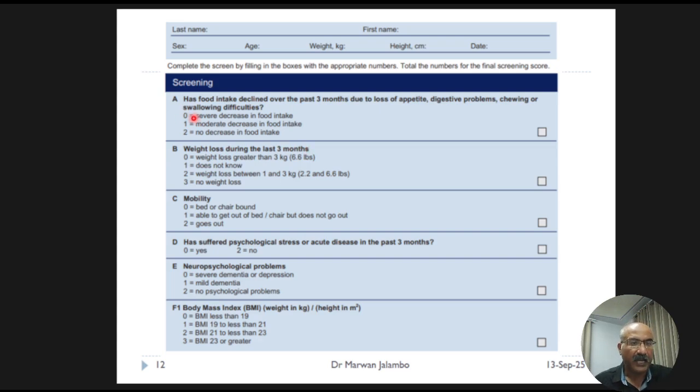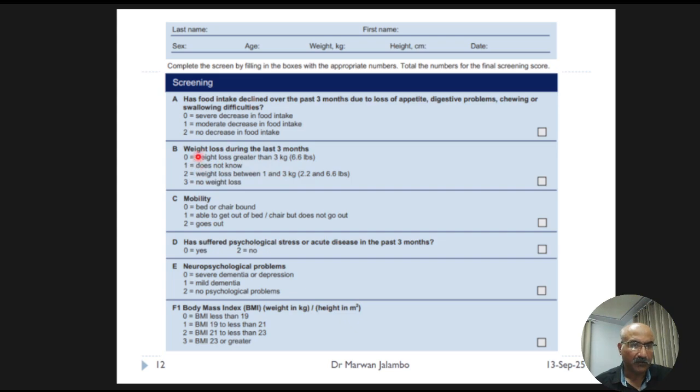For example, here: has food intake declined over the past 3 months due to loss of appetite, digestive problems, chewing or swallowing difficulties? And there are answers, so we can choose one of these answers. And the second, regarding weight loss during the last 3 months: weight loss greater than 3 kilograms.